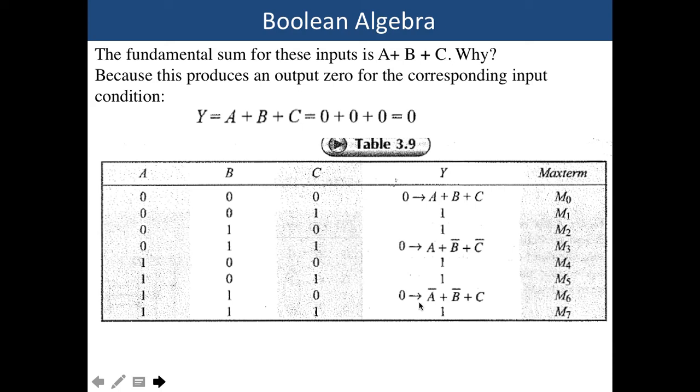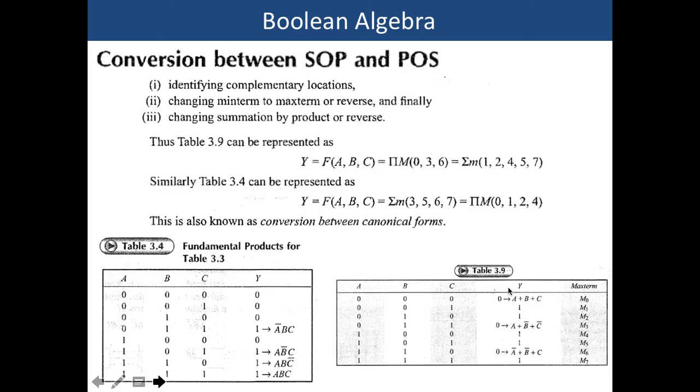Another one here, output is 0, so this is A bar, B bar: A bar plus B bar plus C. And these are the max terms for the product of sum. These are all the max terms: capital M0, M1, M2, M3, M4, M5, M6, M7, like this. So this is the product of the sum.